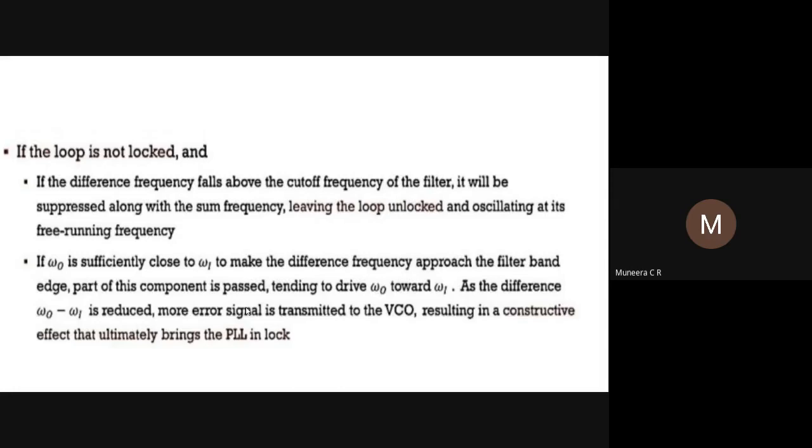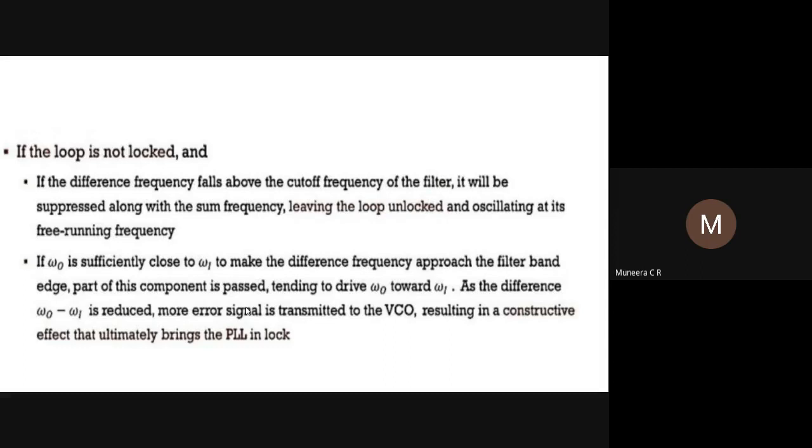If the loop is not locked, the difference frequency falls above the cutoff frequency of the filter and it will be suppressed along with the sum frequency. No output leaves the loop, which stays unlocked and oscillating at its free running frequency.